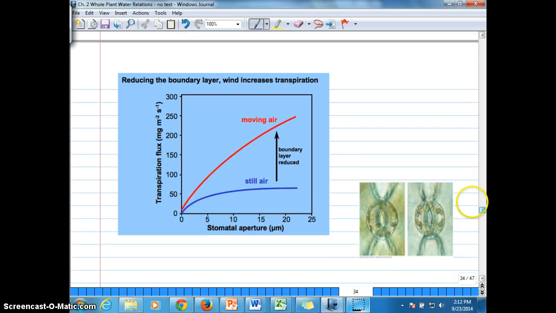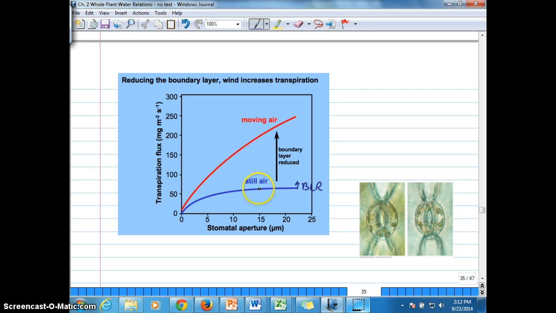Now the diagram that we're looking at here does highlight the effect of wind, so that down here where stomata aren't very open, when stomata open, then as long as the air is still, they lose very little water because that boundary layer resistance is high.